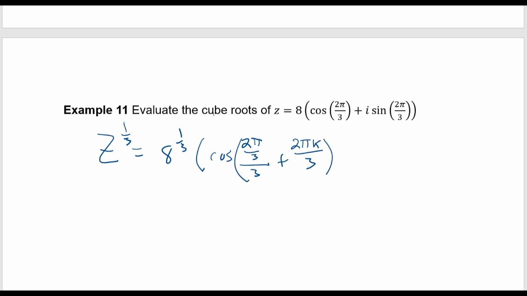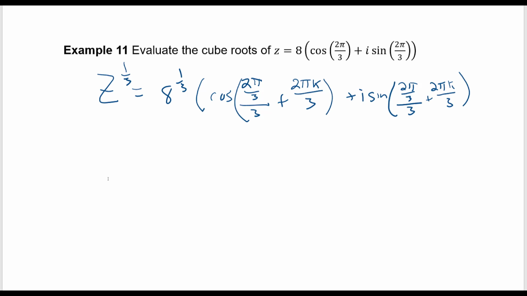And I'm going to go through the k's being different values. Plus i sine of 2 pi over 3 over 3 plus 2 pi k over 3. So we'll look at three things: k being 0, k being 1, and k being 2.